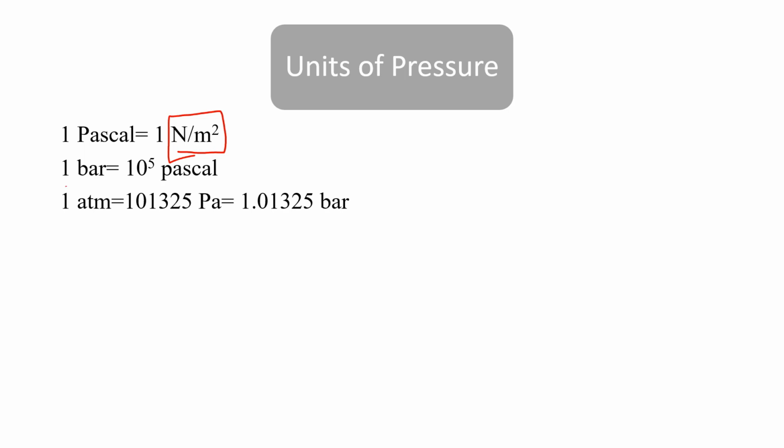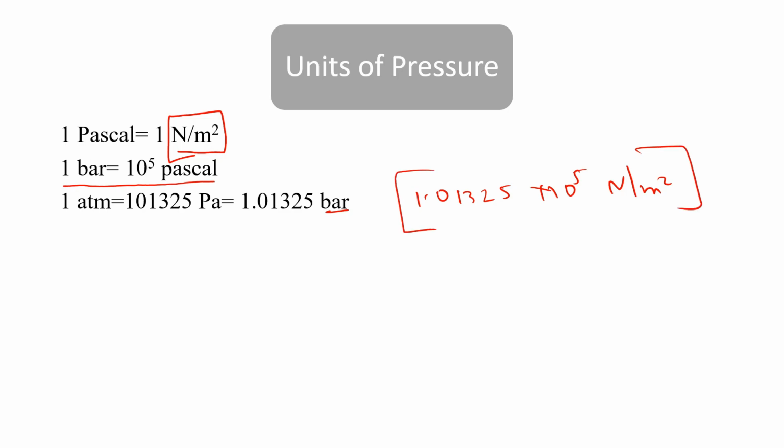Another commonly used unit is bar. 1 bar is equal to 10 raised to 5 Pascal, and 1 atmosphere is equal to 1.01325 bar, or in other terms 1.01325 into 10 raised to 5 Newton per meter square. Atmospheric pressure normally will be equal to 1 bar.